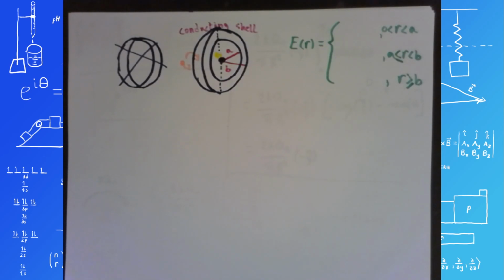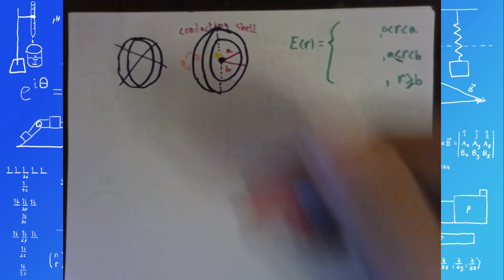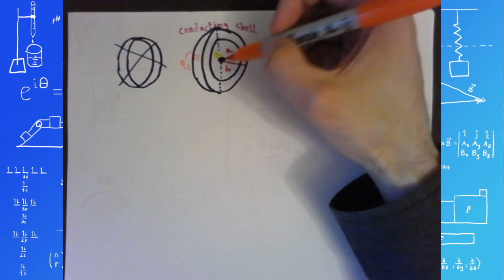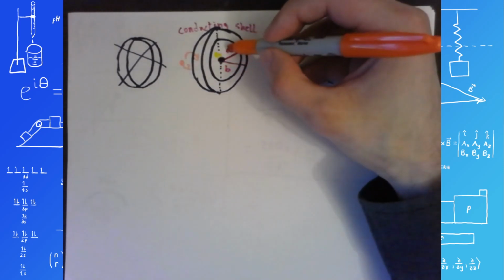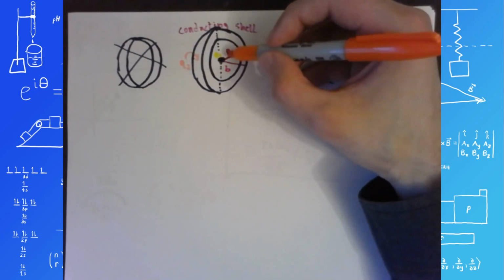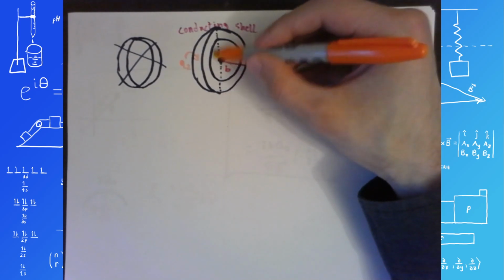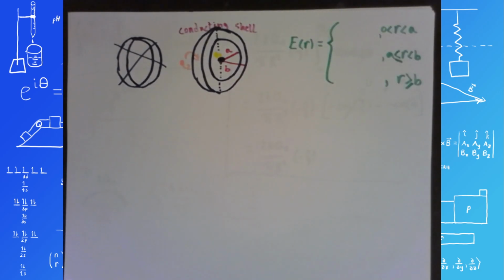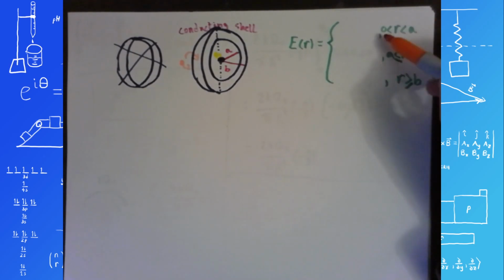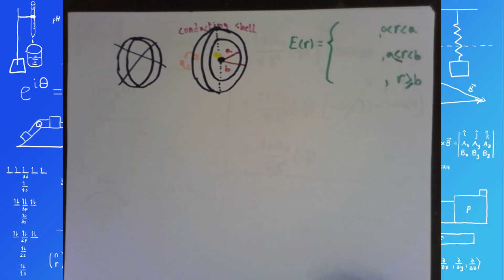Anyway, those are our regions of interest, so I'm just going to go ahead and apply Gauss's law in each of those regions of interest. So first region of interest is, I'm going to imagine a Gaussian sphere of radius greater than 0 but less than a. So somewhere inside here, a sphere that envelops this point charge and nothing else. What would the electric field be on the surface of that sphere if the radius of that sphere is r, which again is a value between 0 and a?